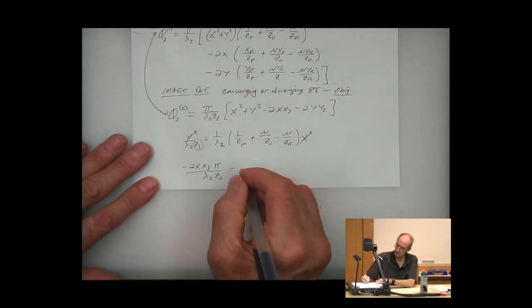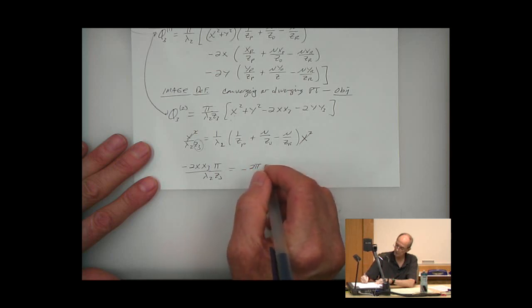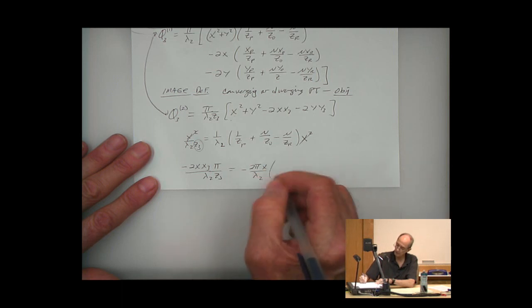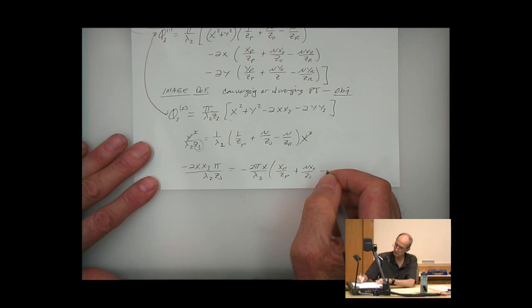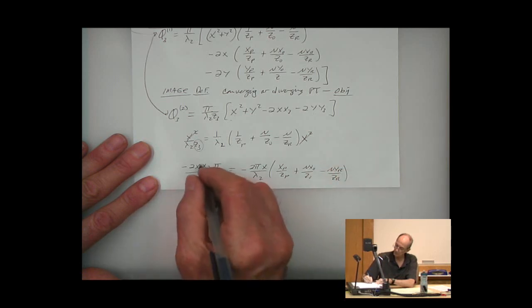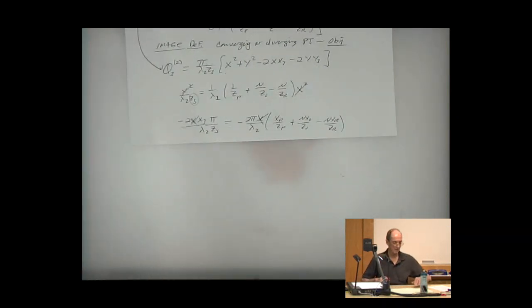So that's again minus 2 pi x over lambda 2 times xp over zp plus mu x0 over z0 minus mu xr over zr. And we've now eliminated the variable x that was in the hologram plane. Okay, so we now have it. We do the same thing for y, so I won't need to do that.